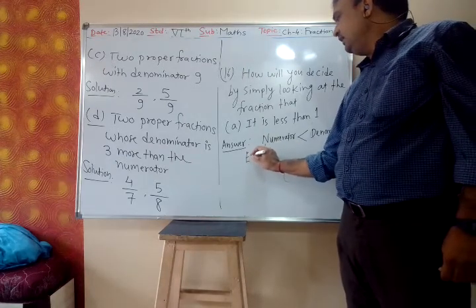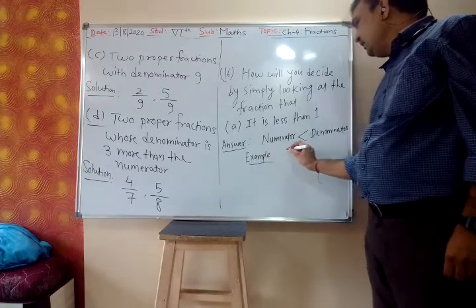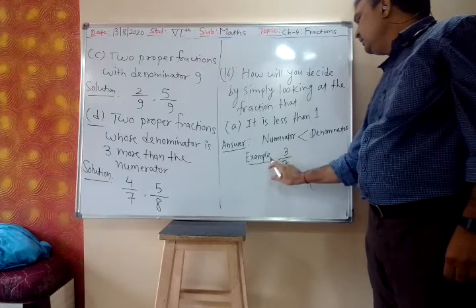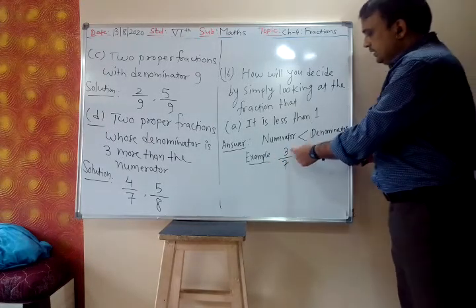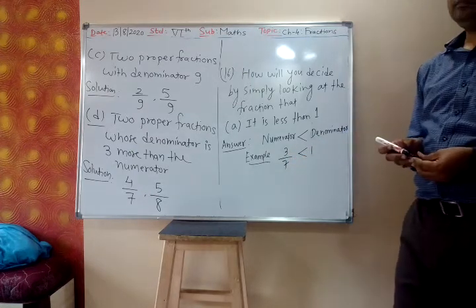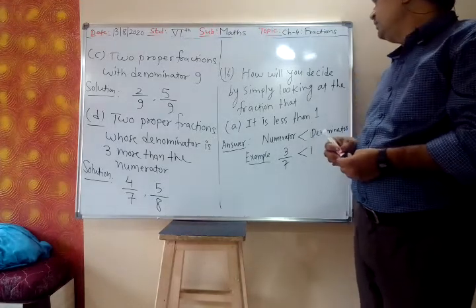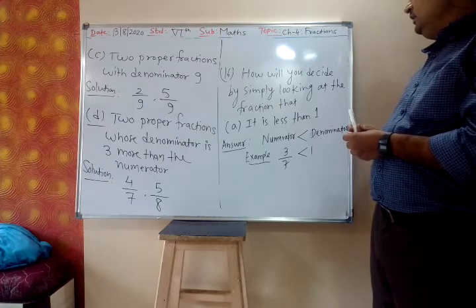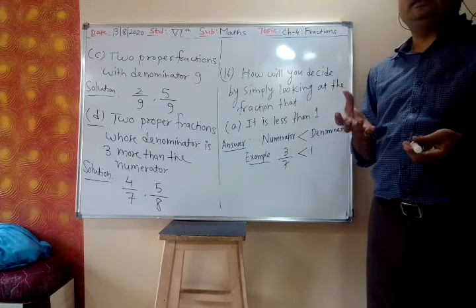Example we can take: 3 upon 7. 3 upon 7 is less than 1 because numerator is 3, which is smaller than denominator. My dear, in any fraction you can see the numerator and denominator.